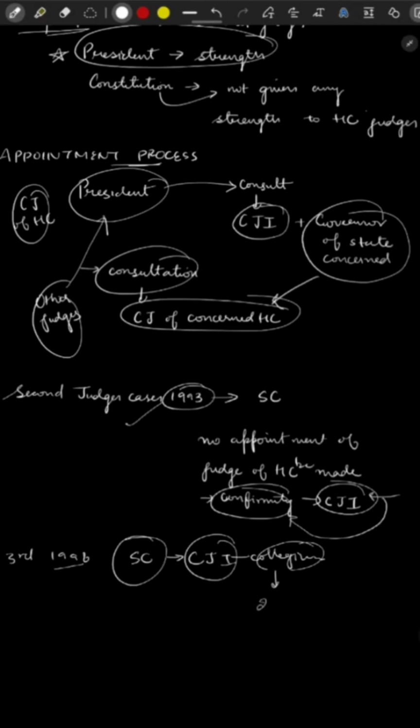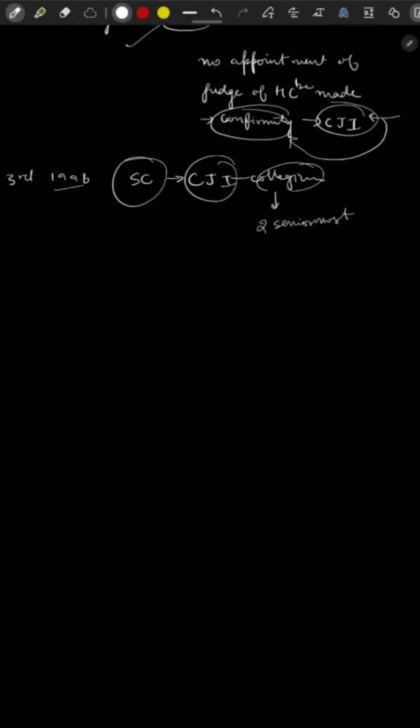At that point of time there were only two senior-most judges, who need to be consulted. The sole opinion of the Chief Justice of India alone does not constitute the consultation process. That means the whims and fancies of the Chief Justice of India alone are not applicable; they have to consult the two senior-most judges as well.